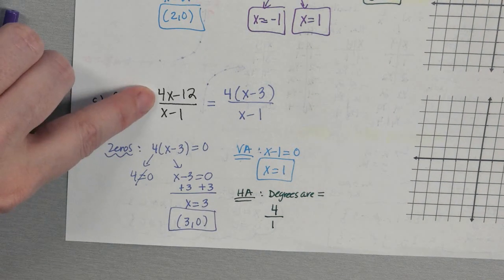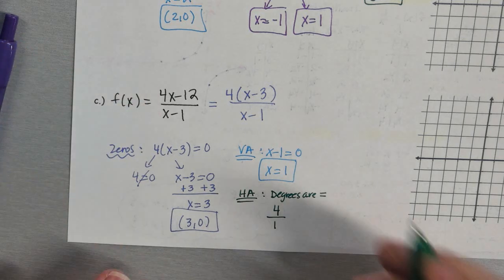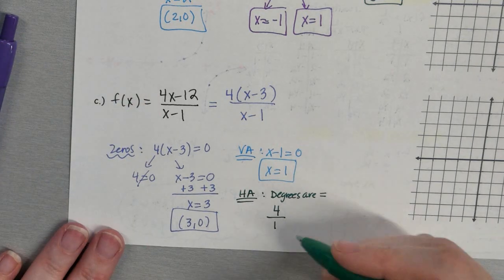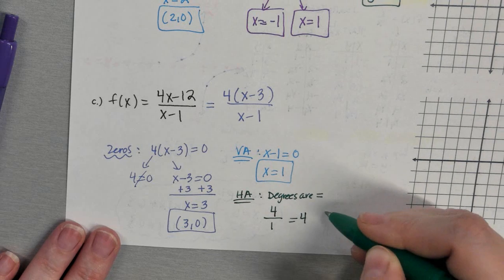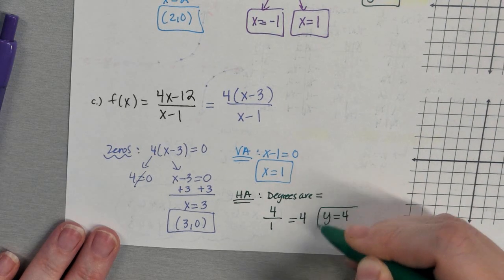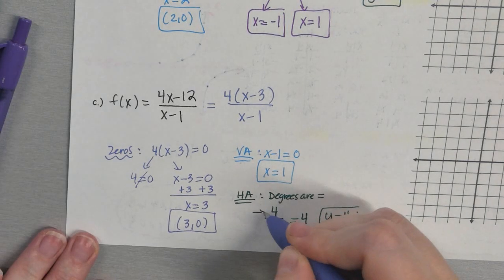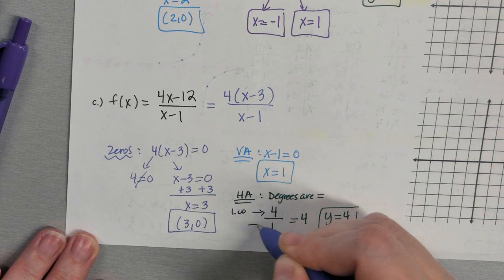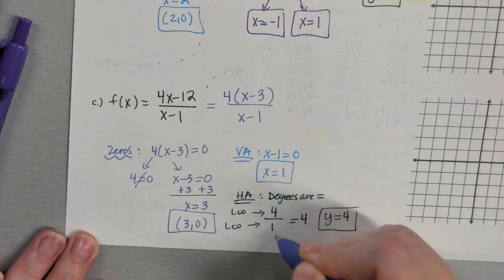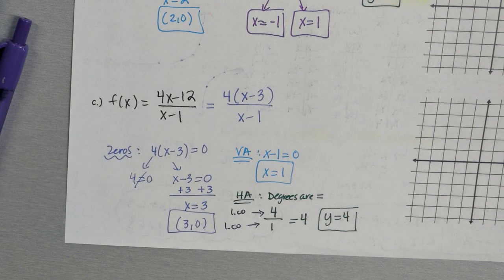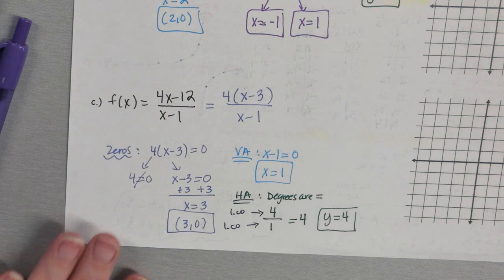So in front of x is 4. In front of this x is 1. What's 4 divided by 1? 4. So then y equals 4. That is going to be your horizontal asymptote here. Okay, so you have to do the leading coefficient of the top and the leading coefficient of the denominator. And really they should just be these first numbers here.